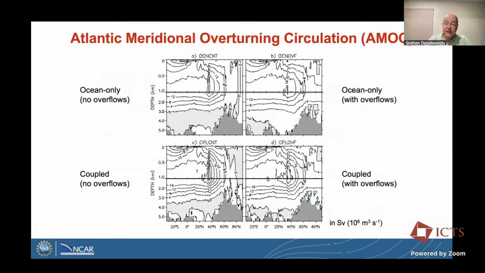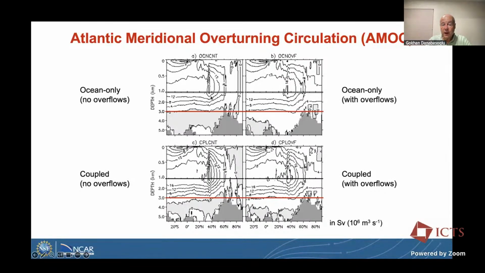So as I said, one of the issues with the overflow parameterization was the shallow depth of the overturning circulation in the Atlantic Ocean. This is showing the AMOC, Atlantic Meridional Overturning Circulation. The top row is for ocean-only simulations. The bottom is from coupled simulations. And just for reference purposes, I drew a line here at 3,000 meter depth.